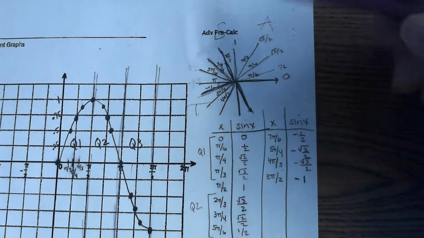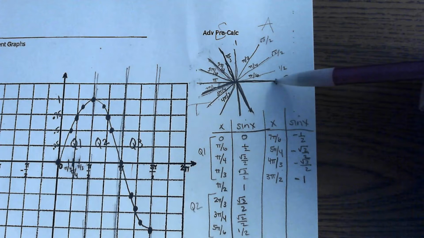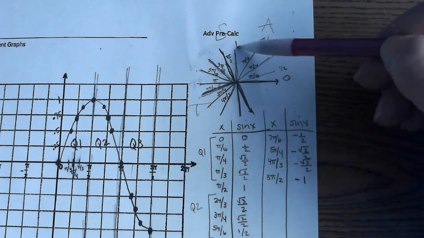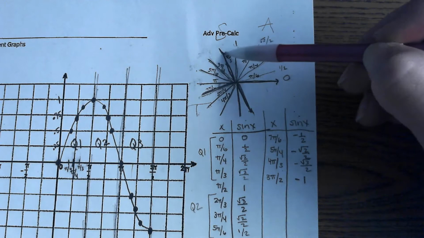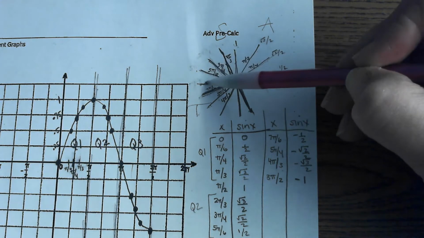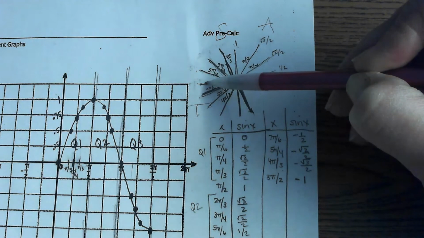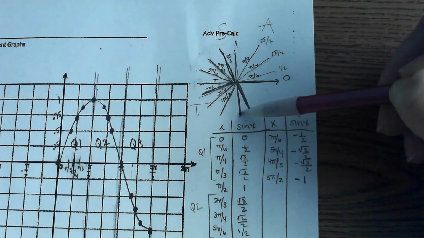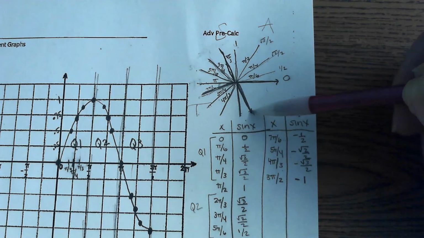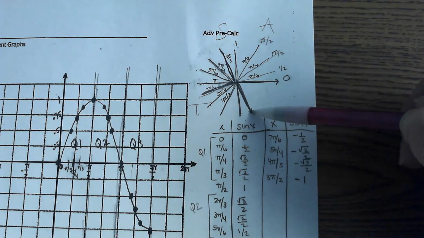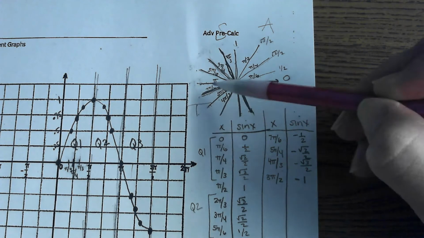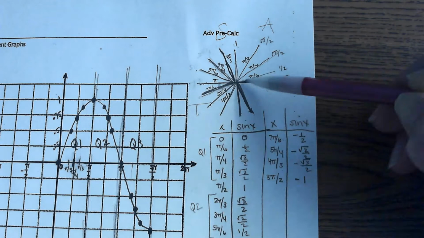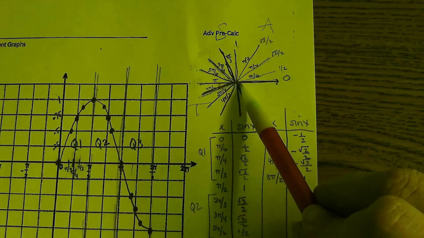Do you guys realize that as we go around, our reference angle is 30, 45, 60, 90. It's on the rise, and then it goes back on the decline, 60, 45, 30, 0, right? And then we start increasing again, 30, 45, 60, 90. Then we start declining again. So this is the reference angle of 60, which is pi over 3. And if this is 3 pi over 3, then this is 6 pi over 3. So one tick prior to 6 pi over 3 is 5 pi over 3.